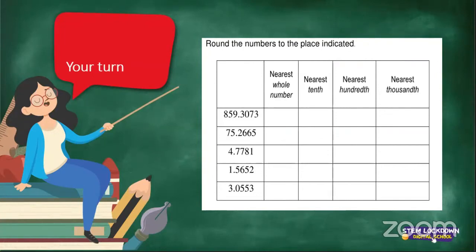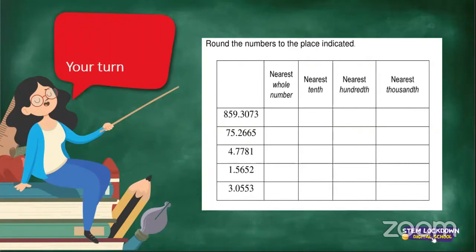Let us move on to the nearest thousand. We have already answered 75.27. So what is going to be the last one? 75.267. Thank you so much. That's the correct one. We're moving on.